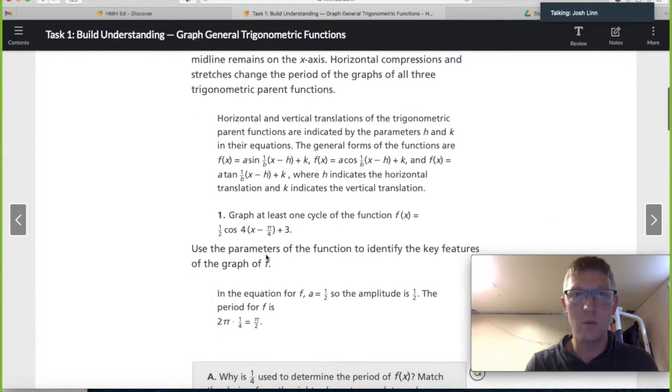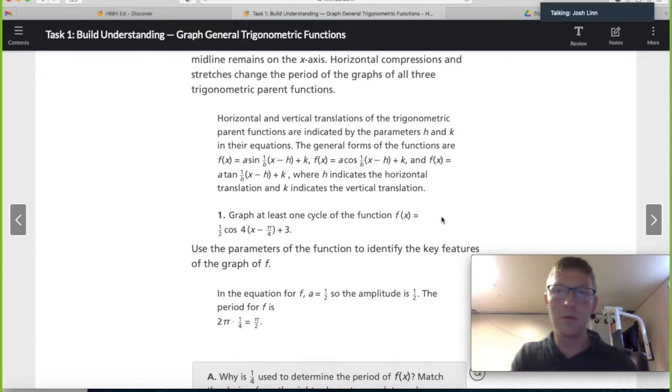Now we throw in one more component, the H and the K. The good part is nothing really changes from the last part. This H represents a left to right shift. Notice that there's a negative sign here, so the signs are still going to switch.